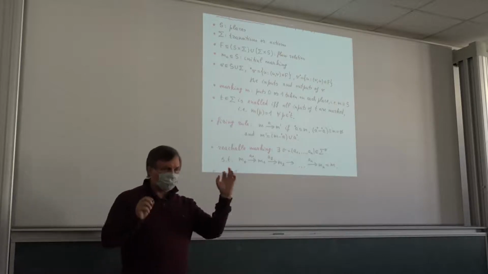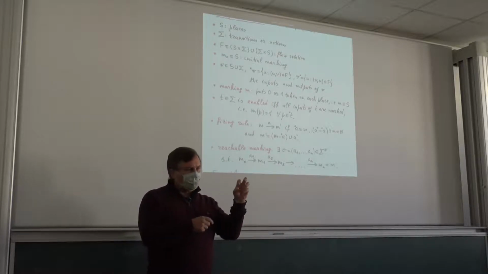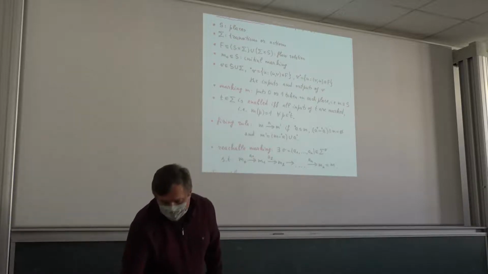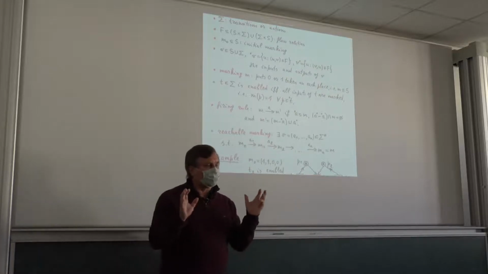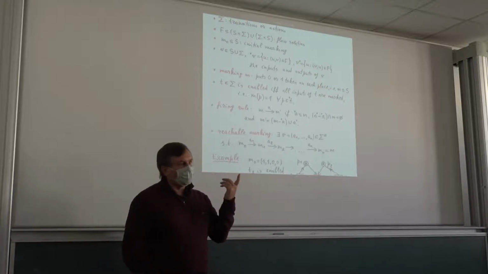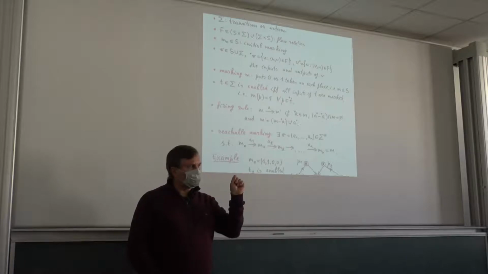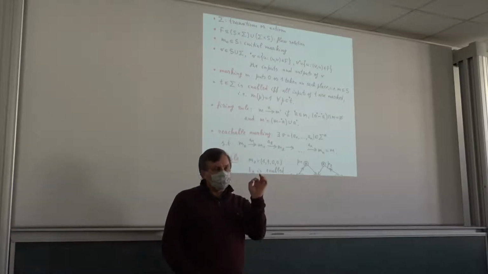So you have an initial marking, and then you have a process which is from one initial marking you can go to another marking, etc. And then what is a general marking? This is just a subset of tokens in the places. Yeah, this is one safe because usually in Petri nets each place can hold many tokens. But in one safe Petri nets, each place can have either 0 or 1 tokens.